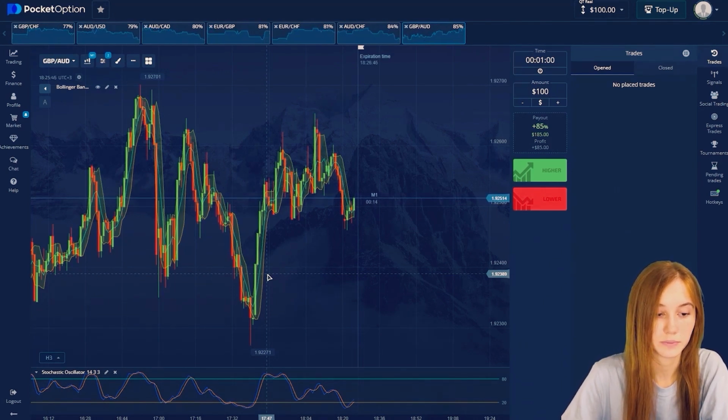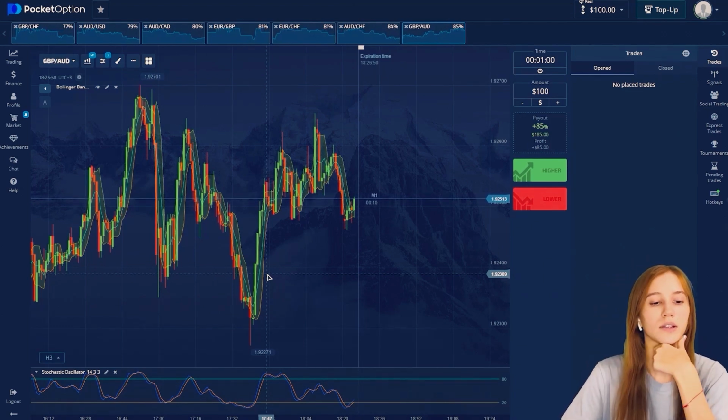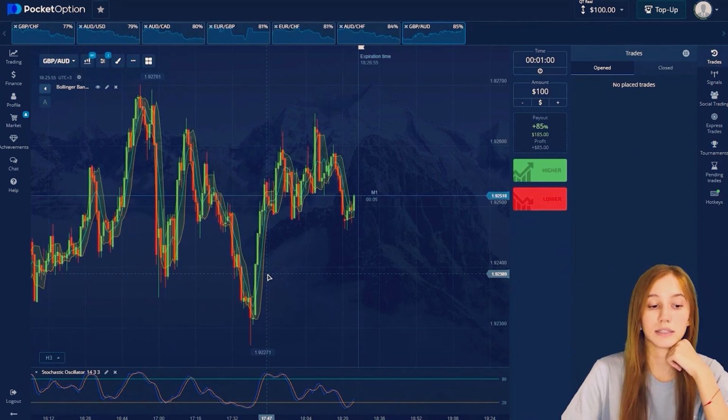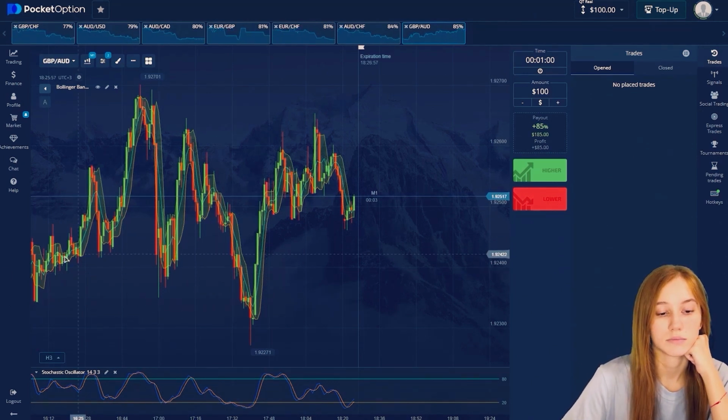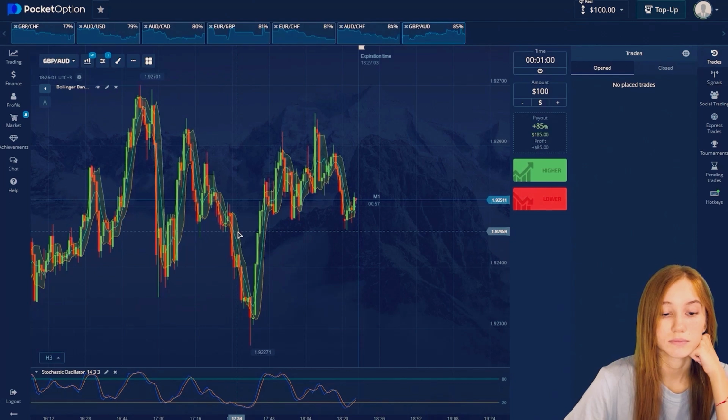So let's start. Here we come to the first currency pair. Let's open the deal, a down deal, and start our technical analysis. We see some decreasing, but then a peak.